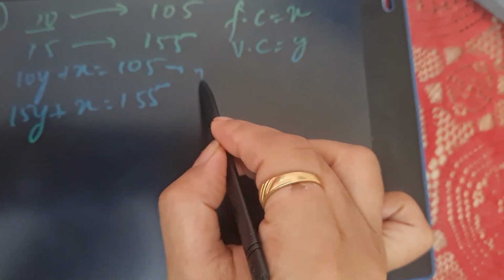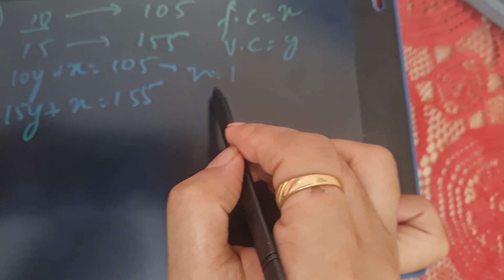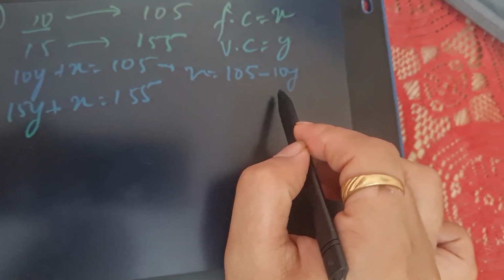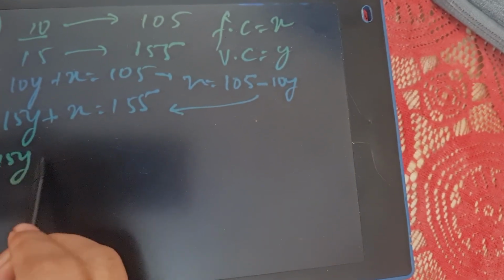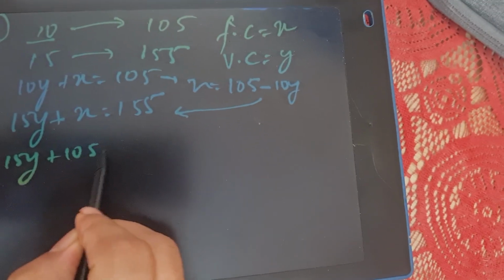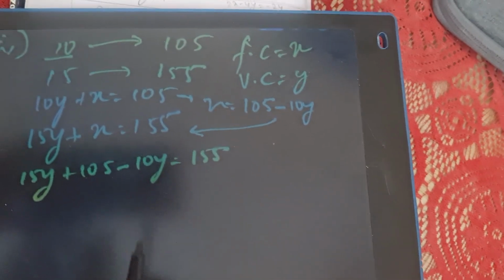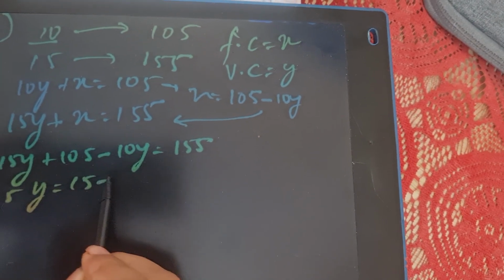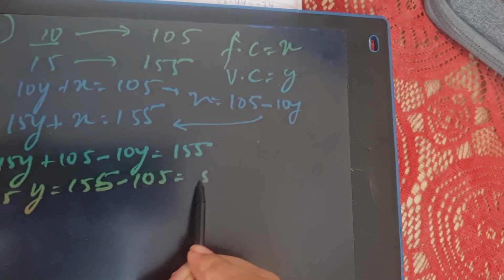So let's say x is equal to 105 minus 10y. Now putting this value of x in equation 2, 15y plus 105 minus 10y is equal to 155. So 5y is 155 minus 105, so this is 50.